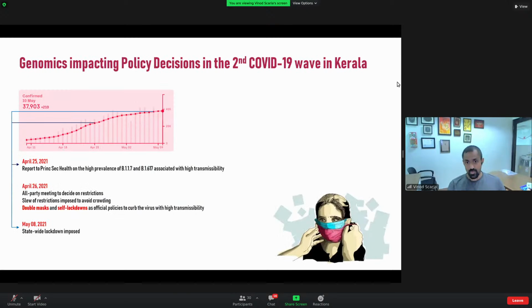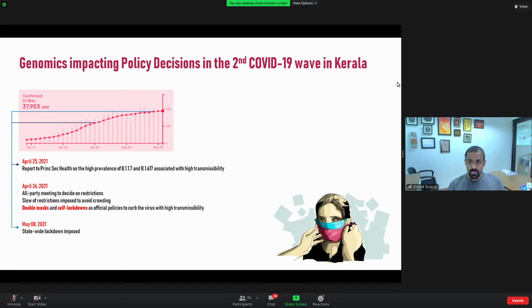One of these examples is exemplified in here, when a significant large proportion of the virus of alpha and delta lineages was seen. It is very well understood that this is of very large transmissibility, and therefore Kerala implemented a policy of double masking as well as self-lockdown, which was probably one of the first in this country to implement a policy of double masking in public.